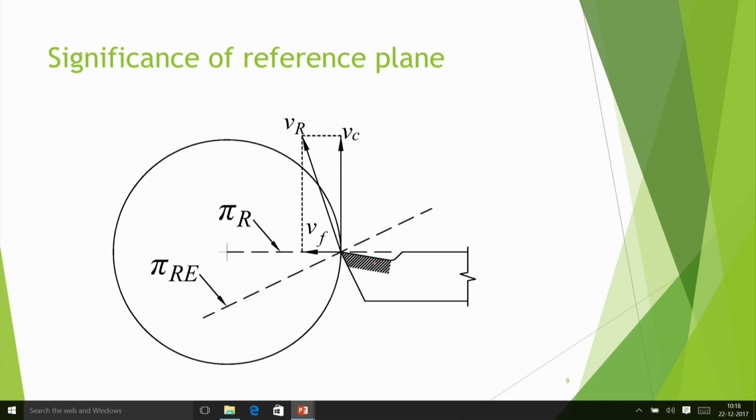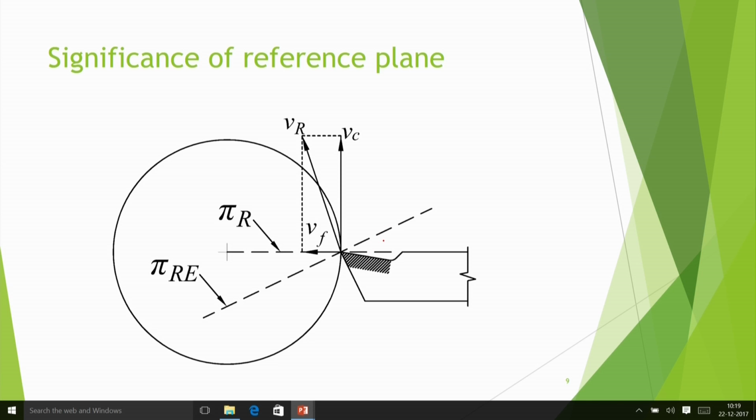Now what happens? If the feed velocity is also there, the tool is getting feed in this direction Vf, in that case you can get a resultant velocity. So if you draw a perpendicular to the resultant velocity, this line denotes the equivalent reference plane. To be very precise, you can measure that way, and in this you see the rake angle has changed.